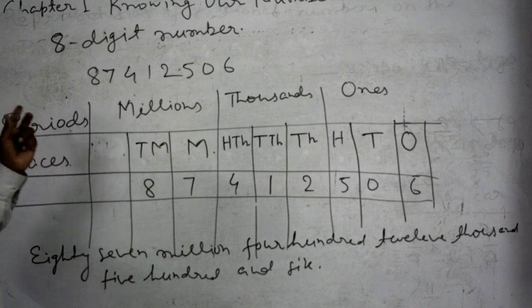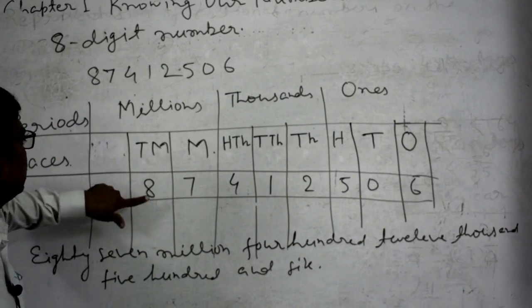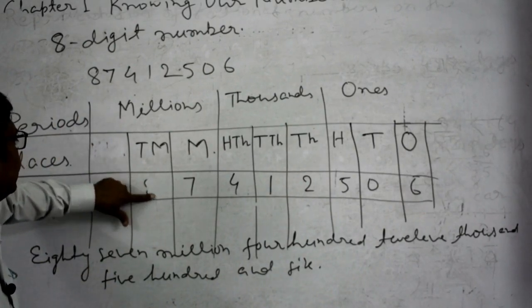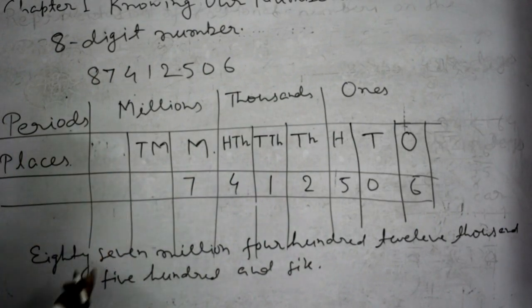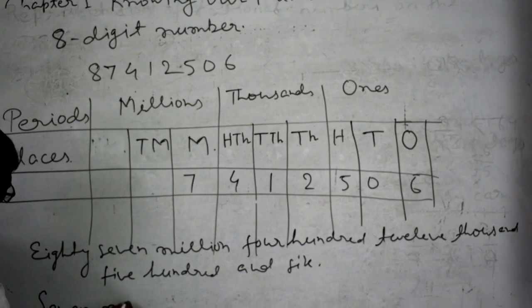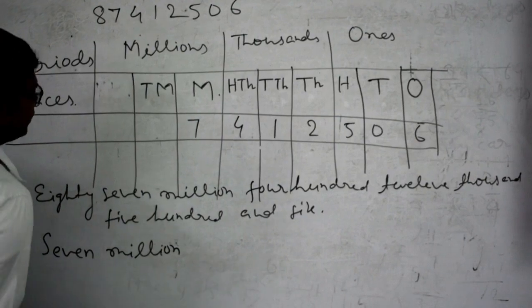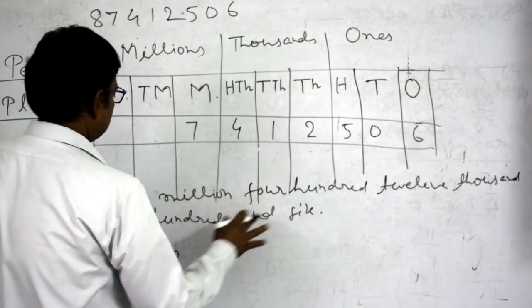Suppose you have only 7 digits, then how will you read this? Suppose erase this number here. Then you have here 7 million. In this case we will read this as 7 million, then you have this 400.